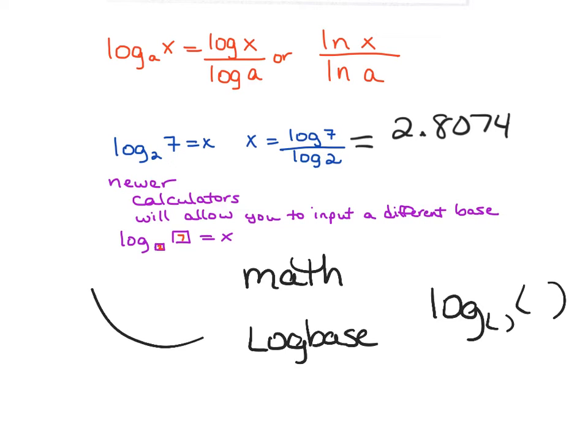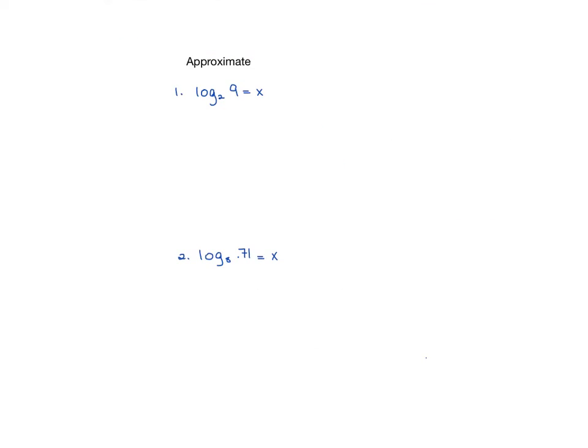So for this example here, you would fill in a 2 here, and then the 7, and then hit enter. And you should get the same answer. So when you're doing this on the test, I don't care if you use the change of base or if you have the newer calculator where you can hit the math button and change the base. Let's try the next slide.